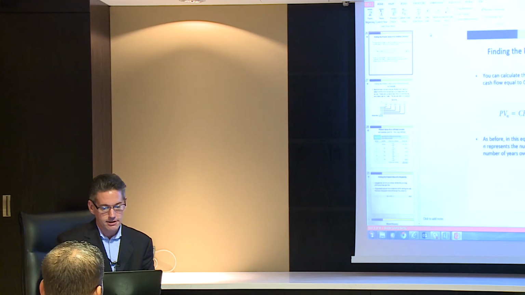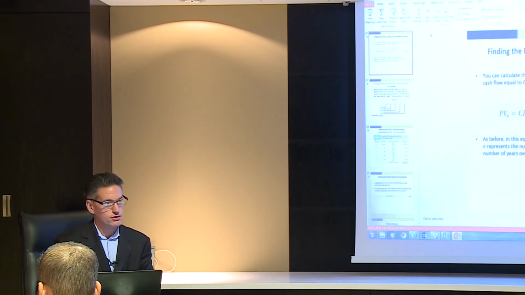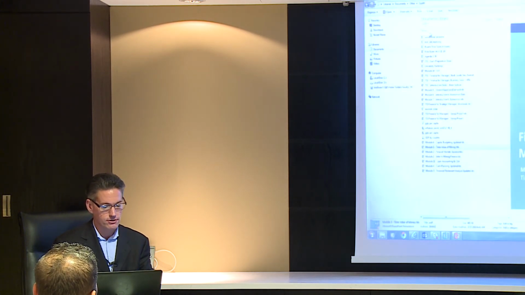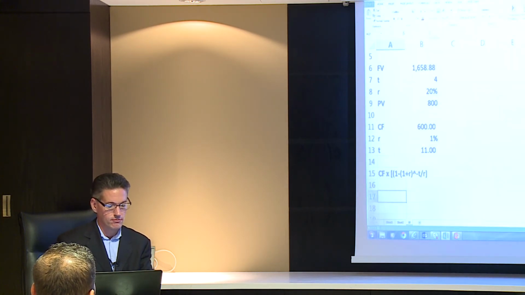Sometimes what's good to do here is do the innermost function first if you want to be on the safe side. You can try to do it all together in your calculator, that's okay too. But if we do 1 plus R first, that's going to be what? Let's do it one step at a time.